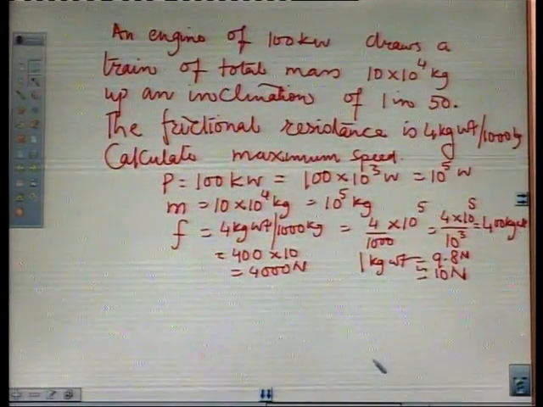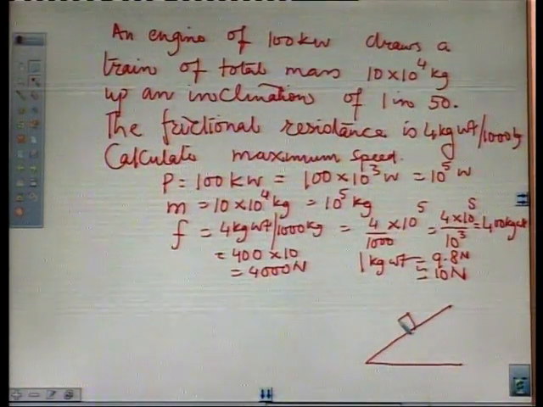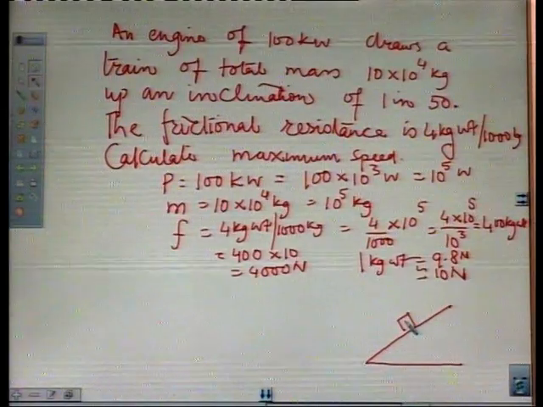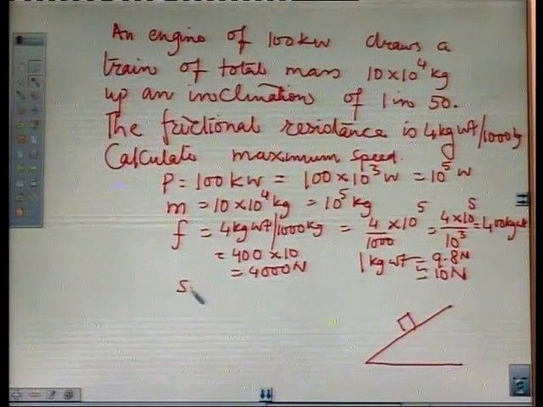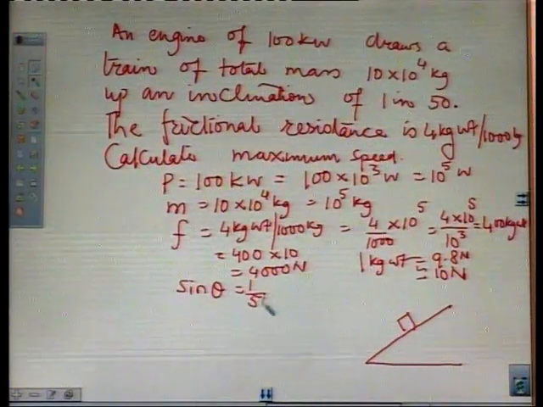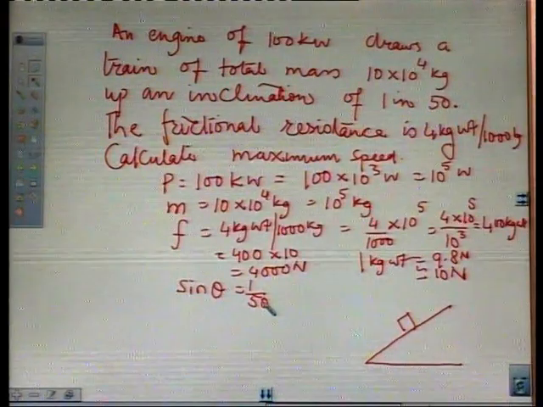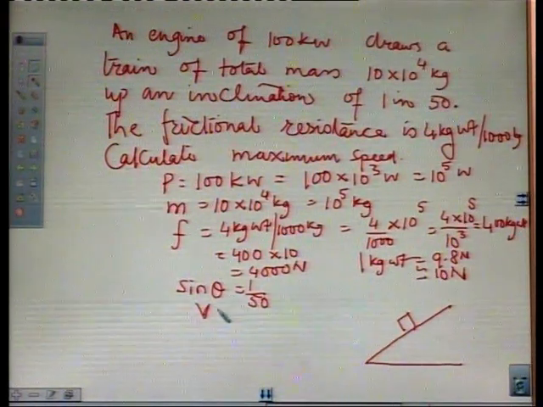Now, the body is moving up an inclined plane. When it is given 1 in 50, it means sin theta is equal to 1 by 50. We have to find out velocity.